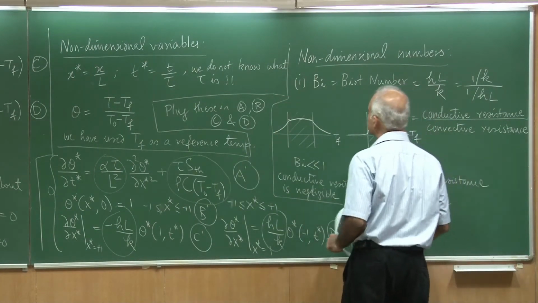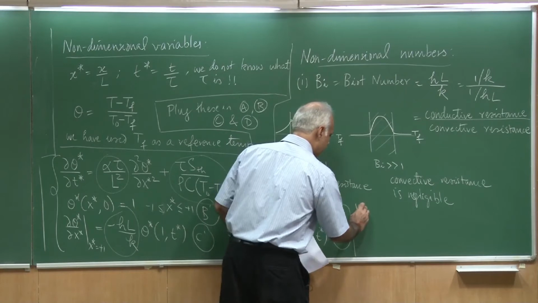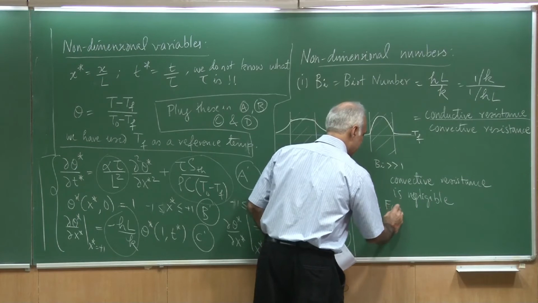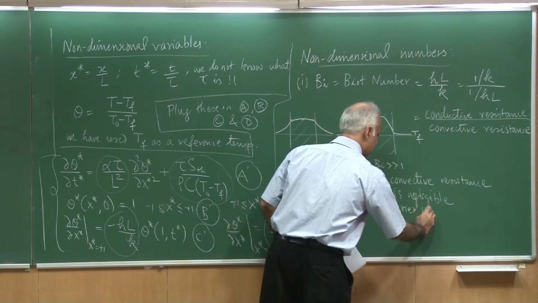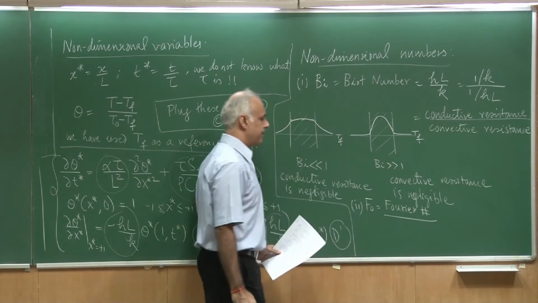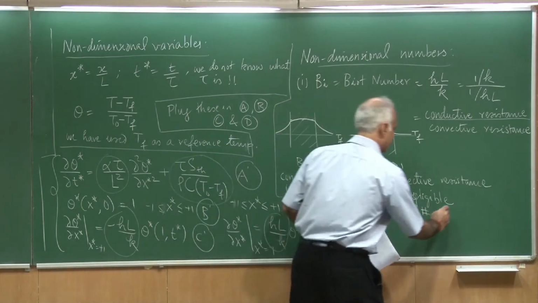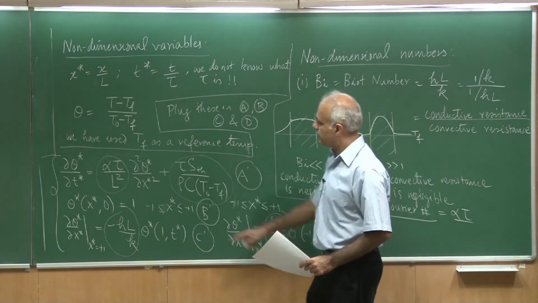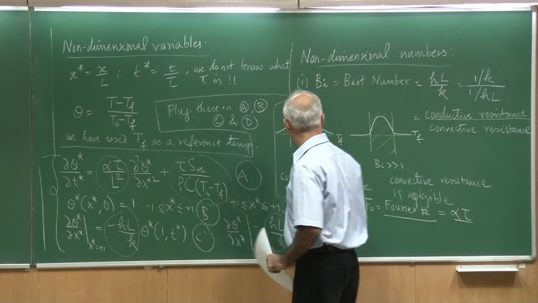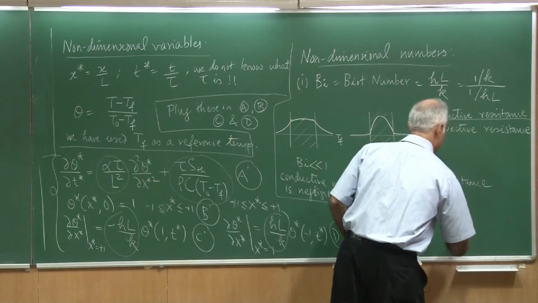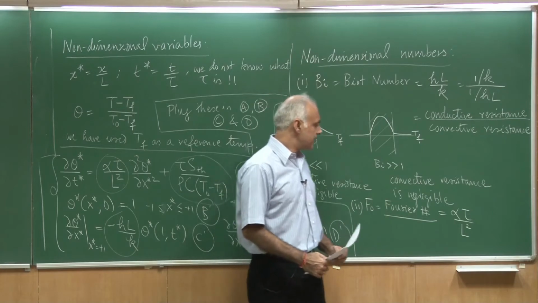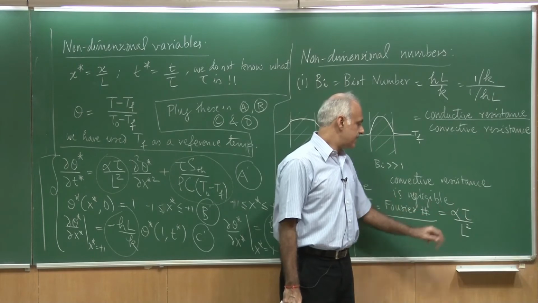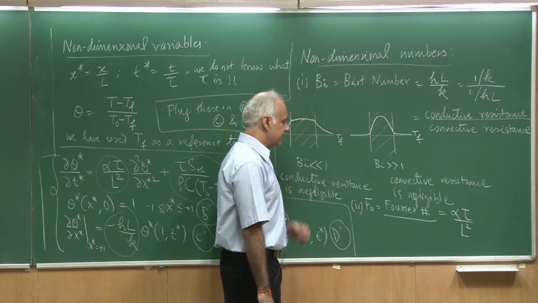Next, the next number that I want to talk about is Fo, which is the Fourier number. And that's defined as alpha tau divided by L square. So it's a non-dimensional number which is based on the diffusivity, the characteristic time, and the square of the characteristic length.